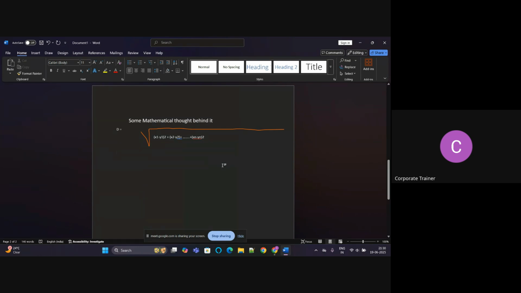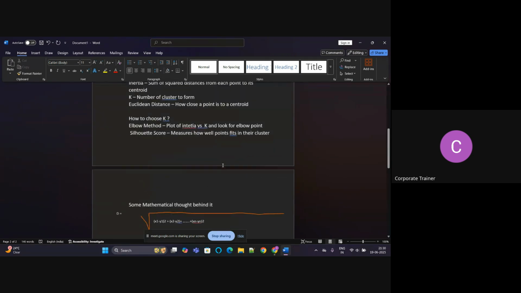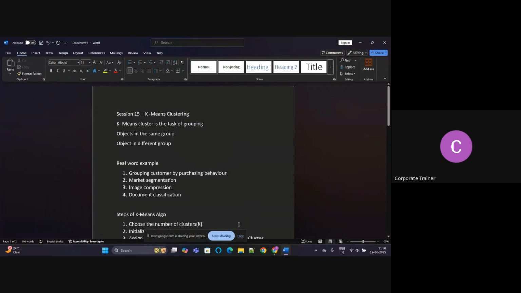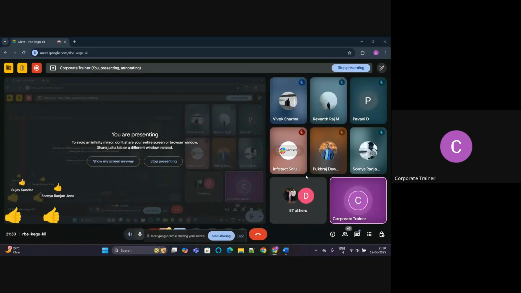I'll showcase it in the next class, or I'll create it with proper documentation and share it with you. If you have any doubt regarding K-means clustering, you can ask me. Two things I will do: create the scikit-learn Python code to show how it looks, and answer whatever doubts you have regarding K-means clustering.